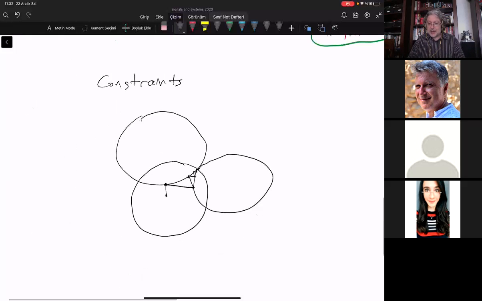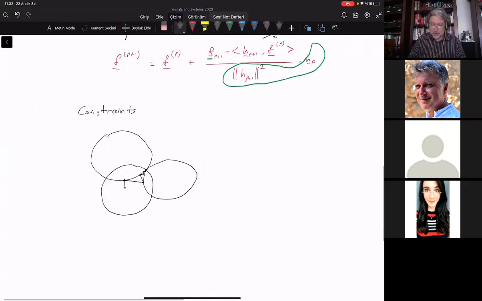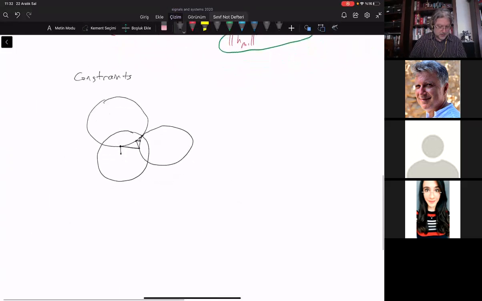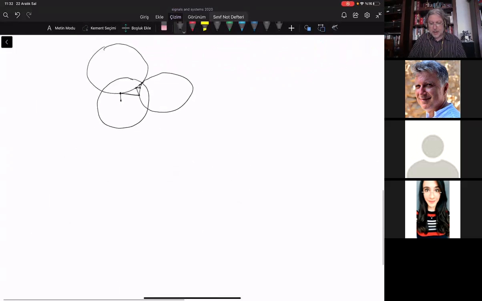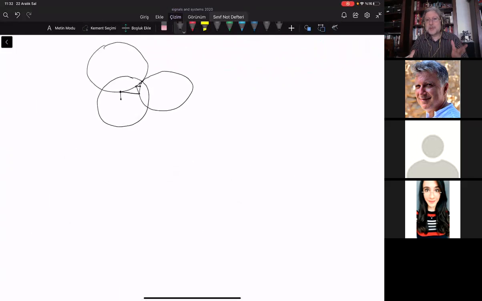Now let me give you a few examples of constraint optimization, or POCS examples. One example we can think of is, what can it be? Okay, here is a good one.